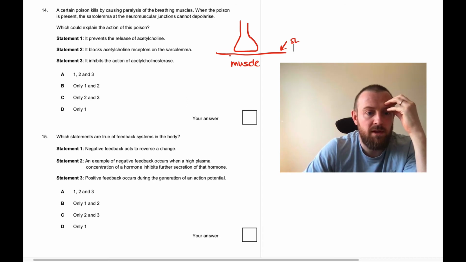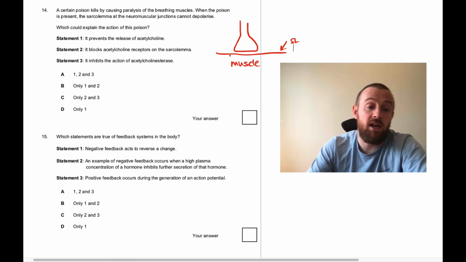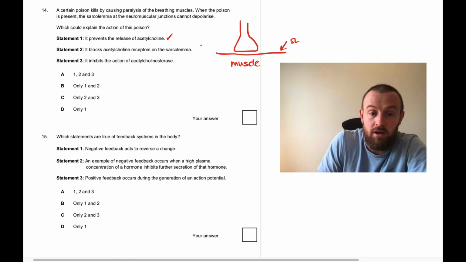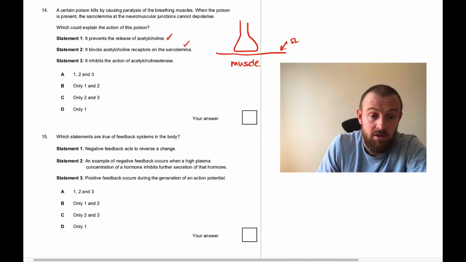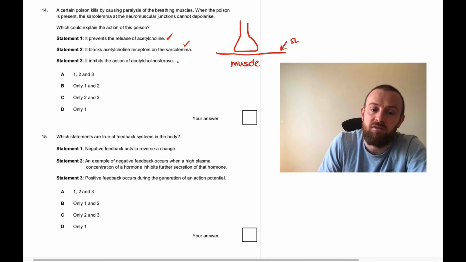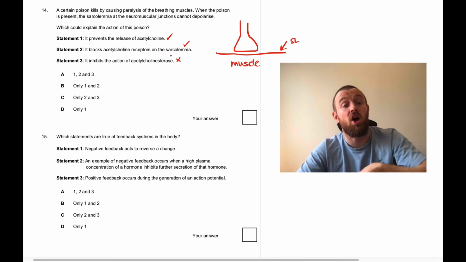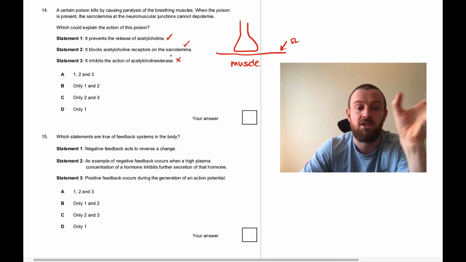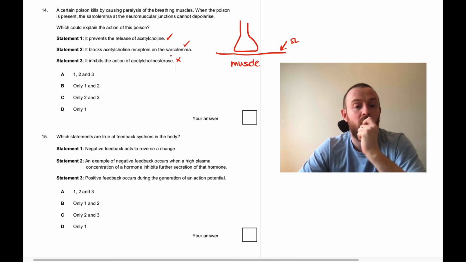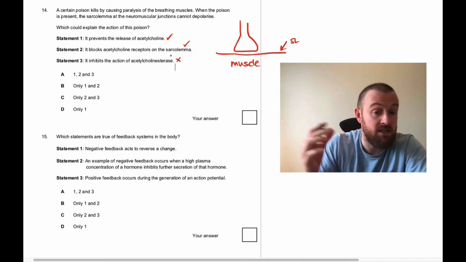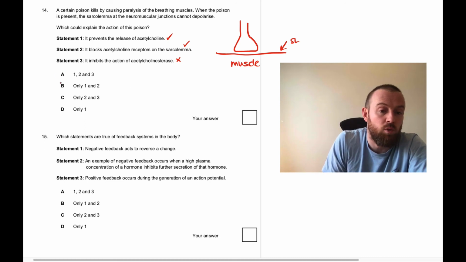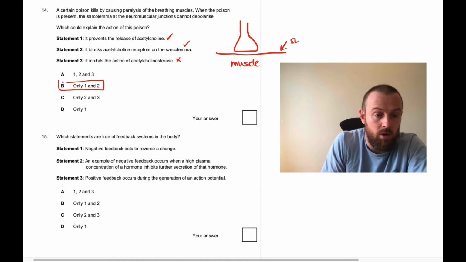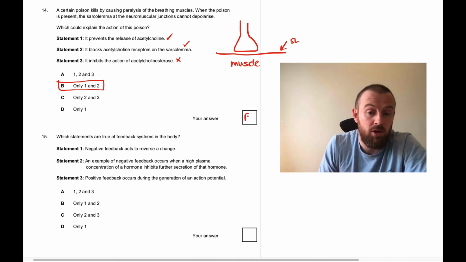It could prevent the release of acetylcholine. That would stop it from depolarizing. It could block acetylcholine receptors on the sarcolemma. Yes, that would stop it depolarizing. If it inhibited acetylcholinesterase, it would cause overstimulation of the muscles, so it's not 3. 1 and 2 are both possibilities, and it's difficult to tell exactly which way it works without further study, but it could be one or two.